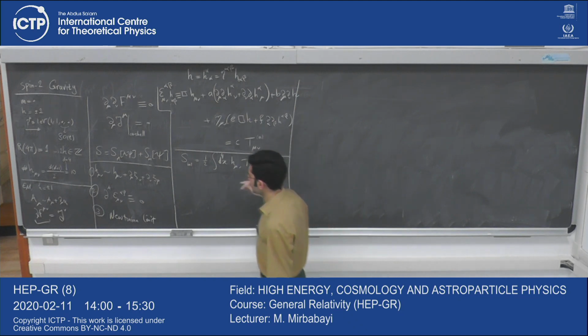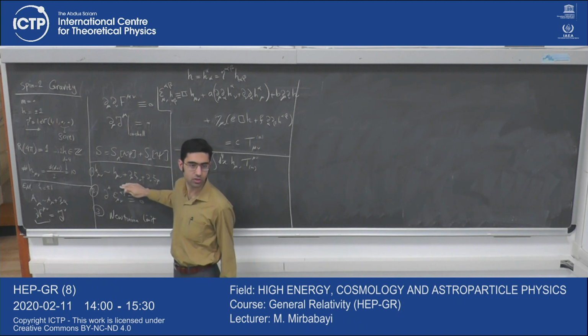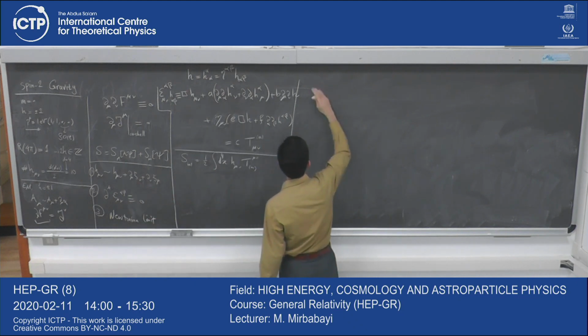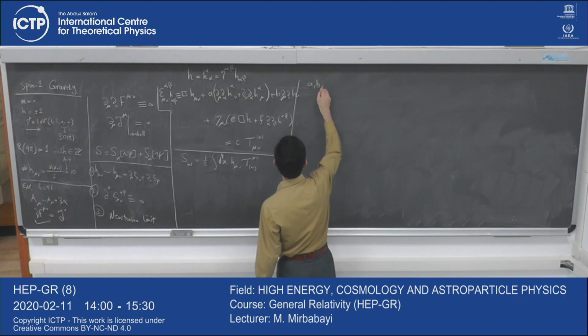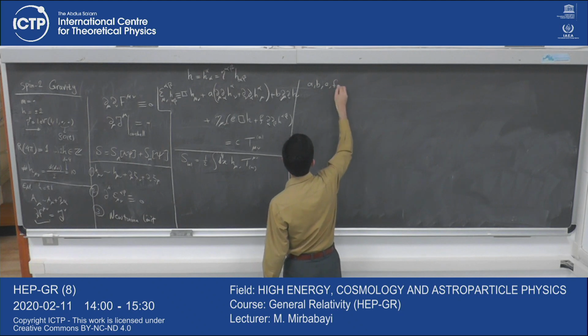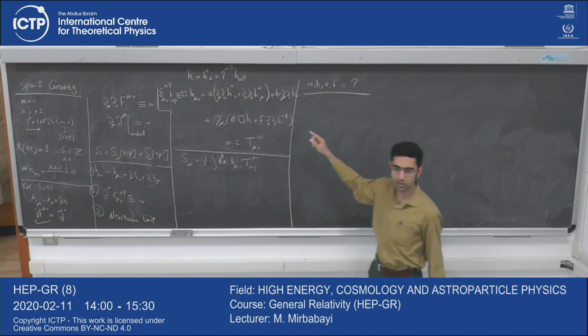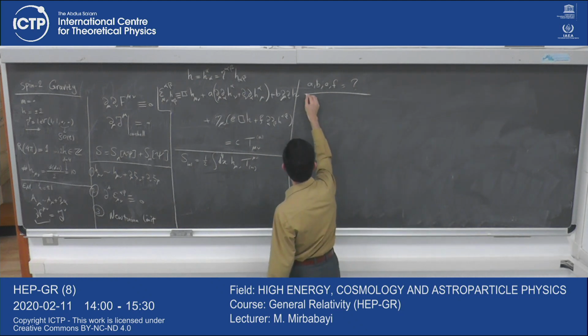First of all, I use this invariance. So the theory is supposed to be invariant under this transformation. I use this invariance to make h mu nu simpler. What do I mean by this?